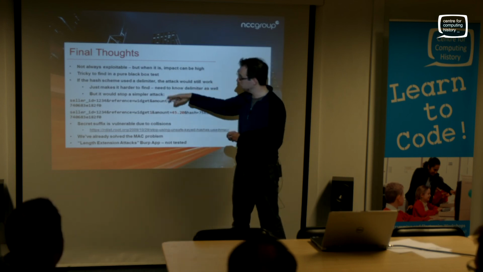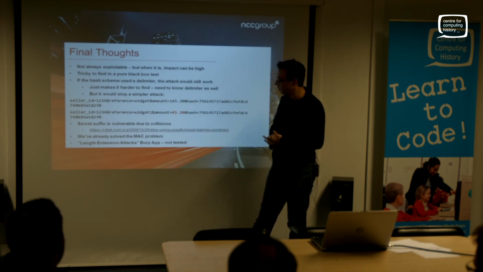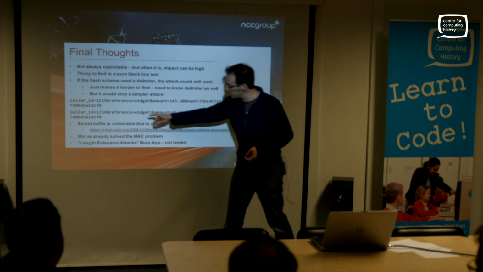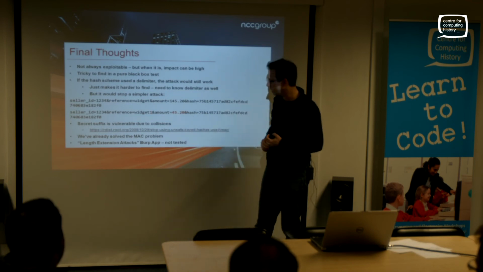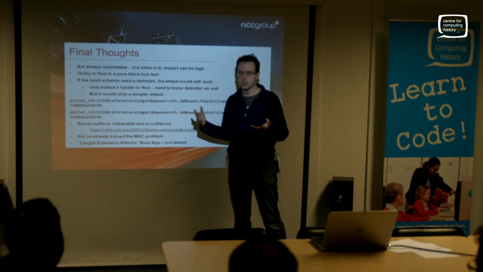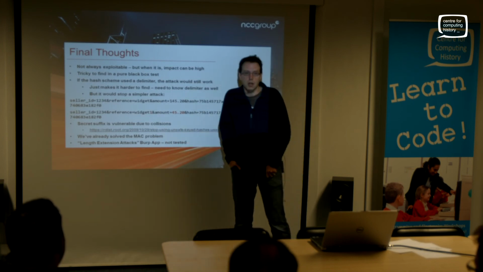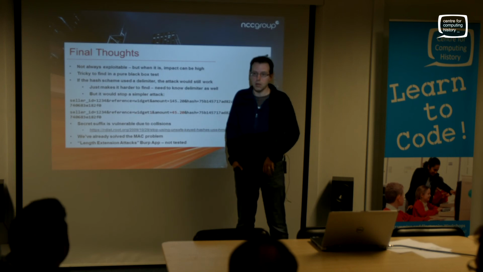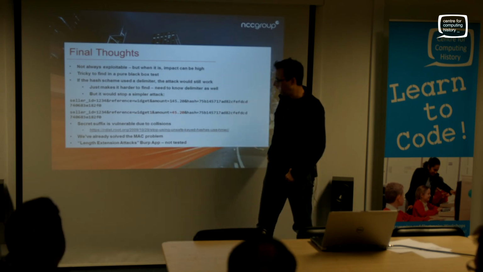But the delimiter does not stop a hash length extension attack, which is what this presentation is really about. So what if the secret was going on to the end? Well, then you still get sort of collisions. The point is really that this has already been solved with robust message authentication code algorithms, where you have a secret that's fed in, and there are plenty, classic HMAC.